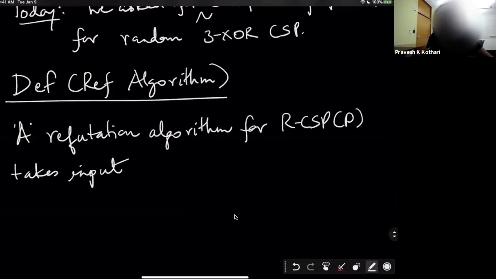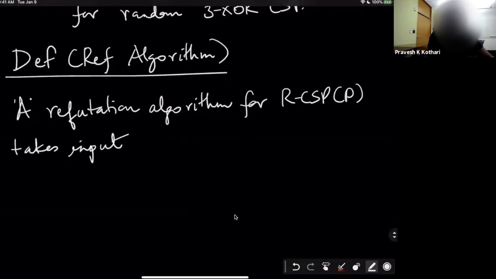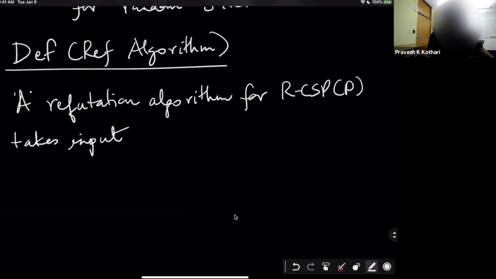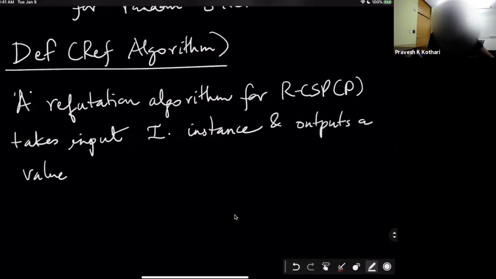And of course, you already know what the sum of squares refutation algorithm would be, but I'm trying to define this in more general terms, and I'll connect back to what you already know in a second, okay? So a refutation algorithm for random CSP with predicate P takes as input an instance I, and it's supposed to output a value, a number, U. U stands for upper bound.